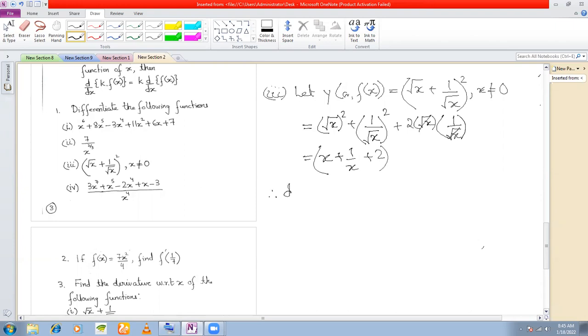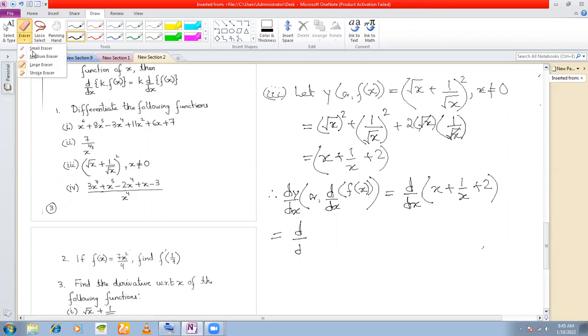So therefore, dy/dx or d/dx f(x) is equal to d/dx of x plus 1 by x plus 2, right? Let me write this first.